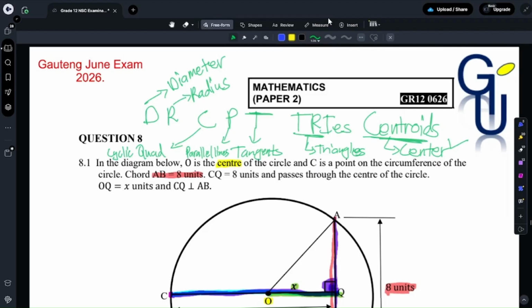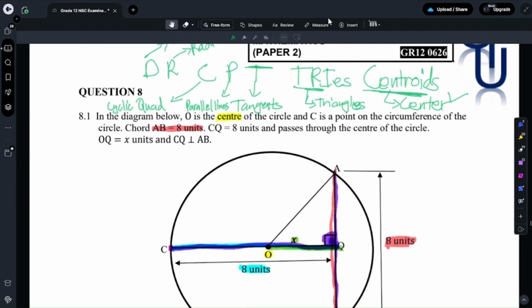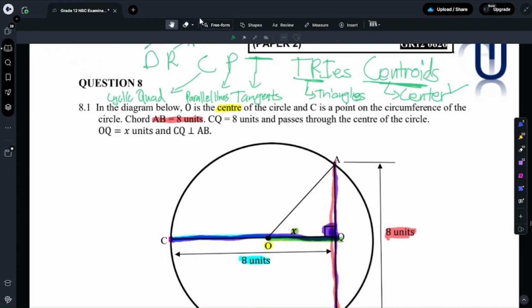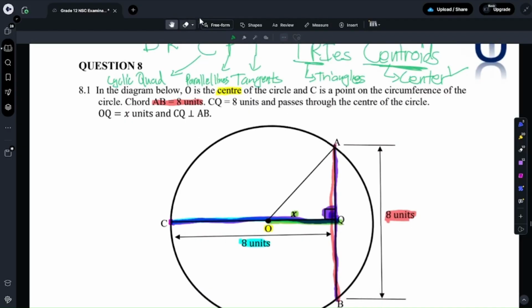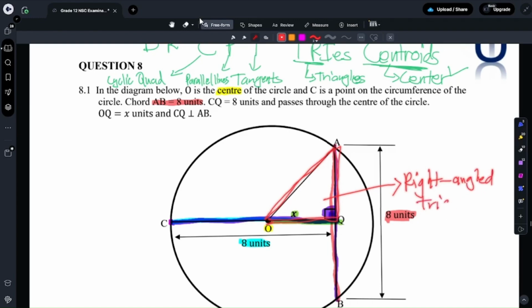Then the second thing that you want to look out for is triangles. Can you see any triangles? So I can see there's one triangle over here. So there's this triangle I'm highlighting, and this is what we call a right angled triangle because of this 90-degree angle over here.